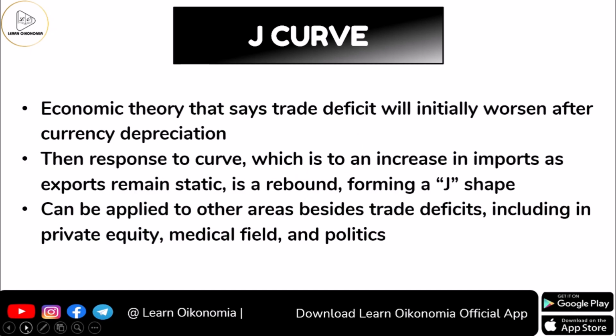So we could say that J curve is an economic explanation telling us that the trade deficit will worsen in the initial stage. Soon after depreciation, it will worsen. But after worsening for some time, definitely our export would increase, our import will fall, and we will go for a favorable change.